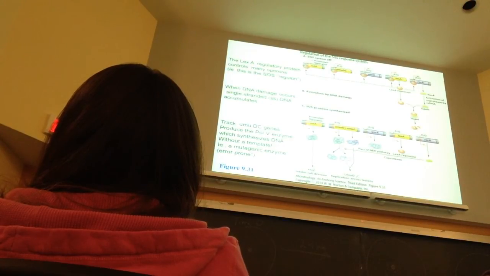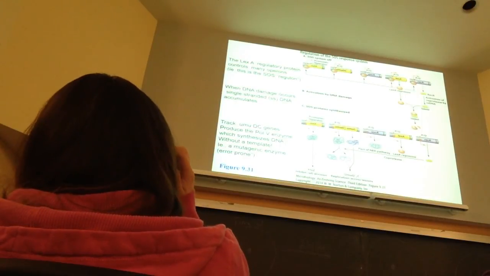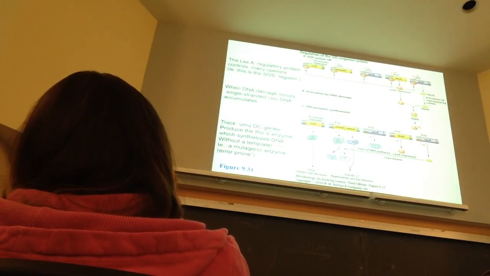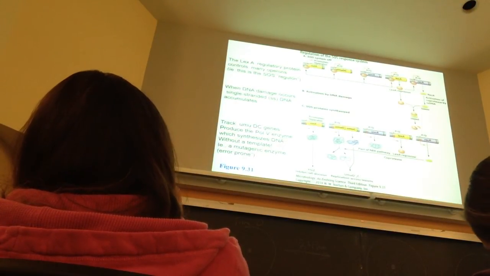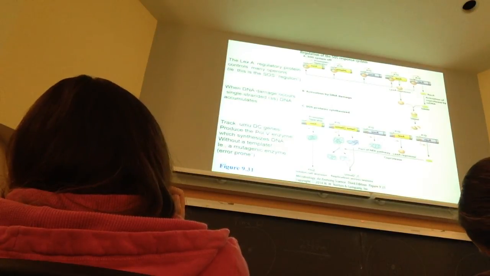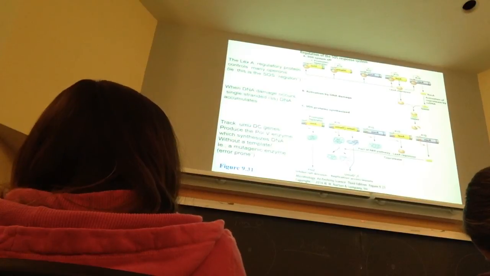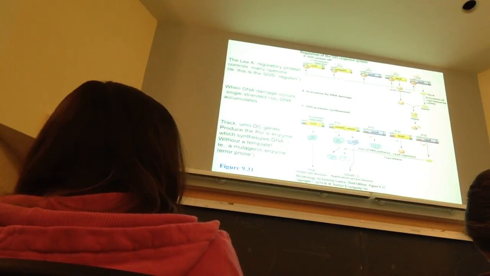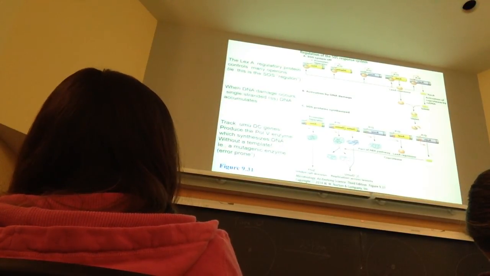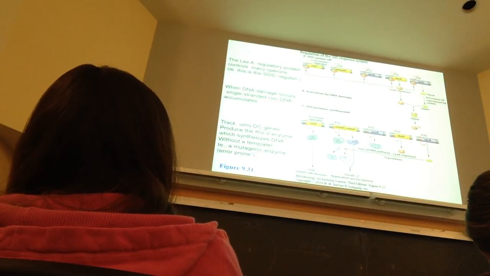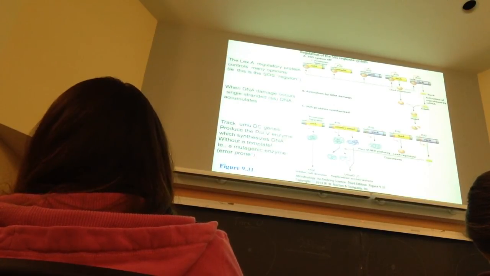If LexA is now cleaved, all of these operons are turned on. All of these, what we call SOS proteins, are synthesized, including huge quantities of RecA, for one thing. So the repression of RecA is now completely off, and you get massive quantities of the recombinase enzyme produced.